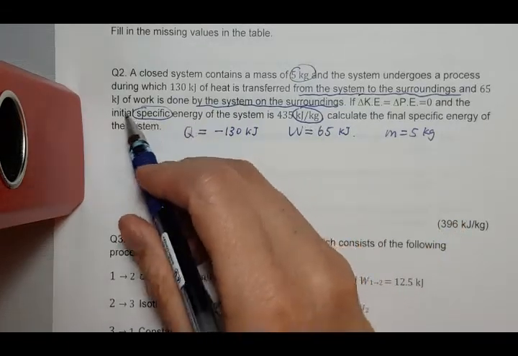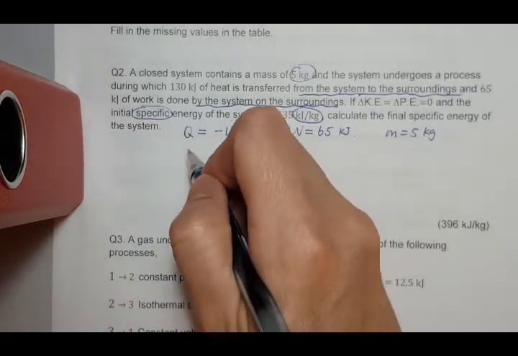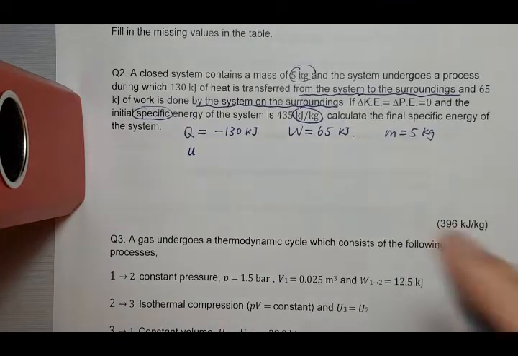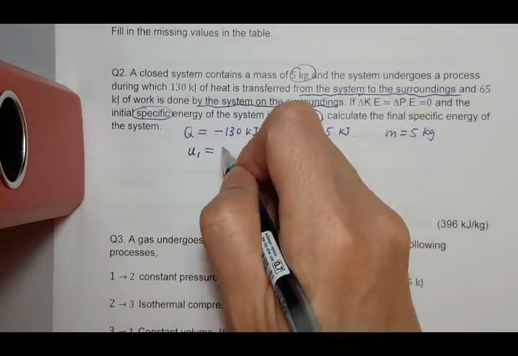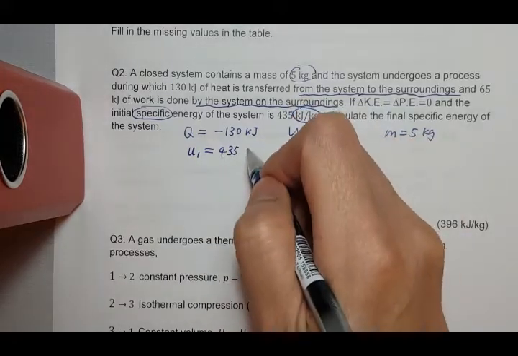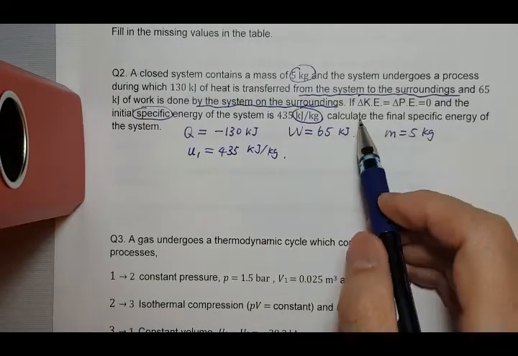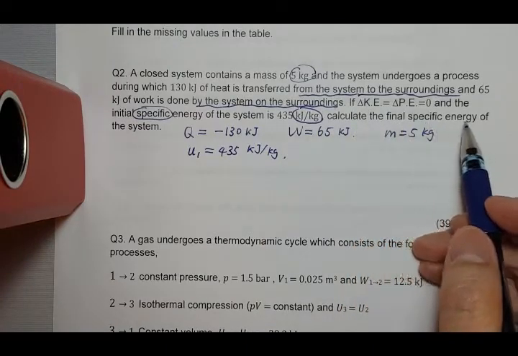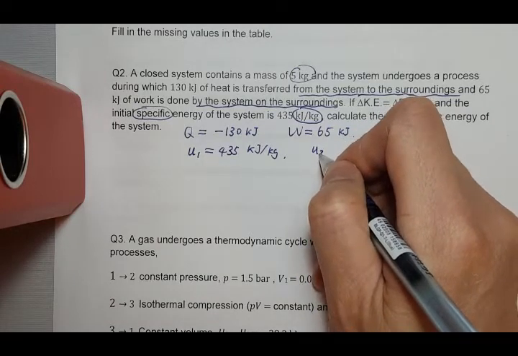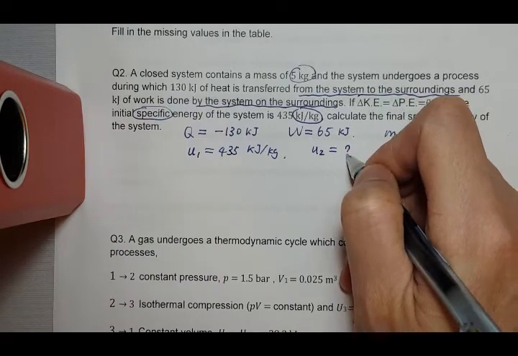So this internal energy, as I said, is lowercase u. So u1 is equal to 435 kJ per kilogram. What we're going to calculate is the final specific energy of the system. For the final point, we always use the second point. So we're going to calculate that.